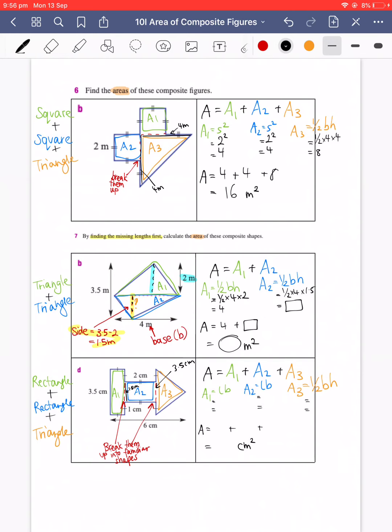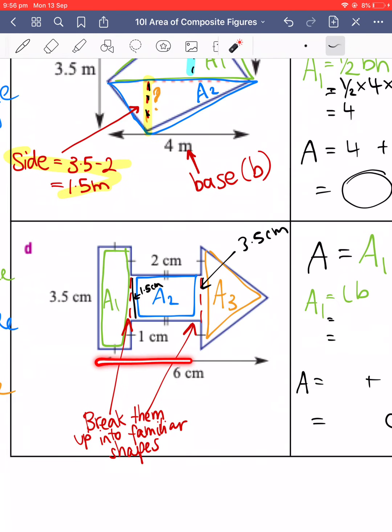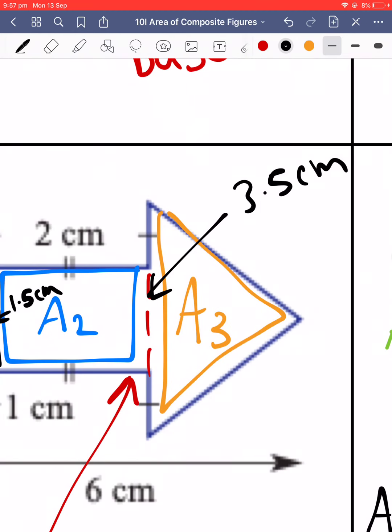And the next thing that I can see is I have a long length this way, which is 6 centimeters. But I know that this is 1, 2, and then whatever the remainder is should equal to 6. So my remainder is actually 3. So I can now add in my height as well for my triangle here, which is 3 centimeters.